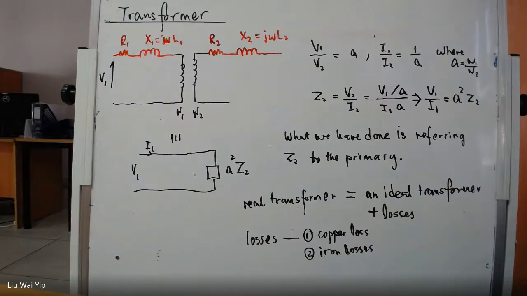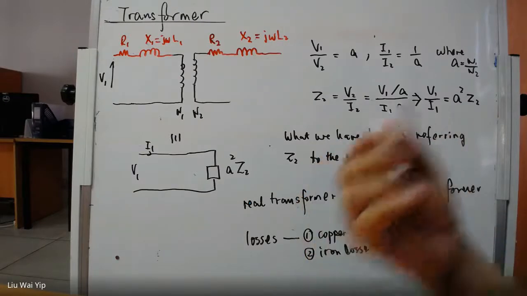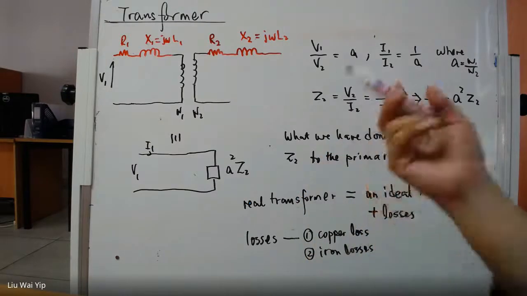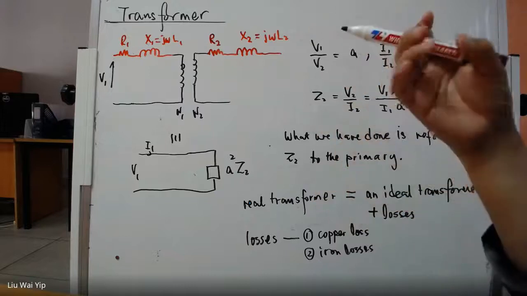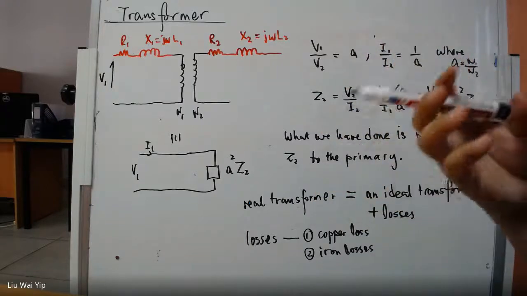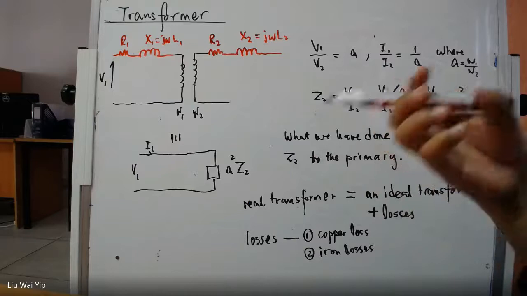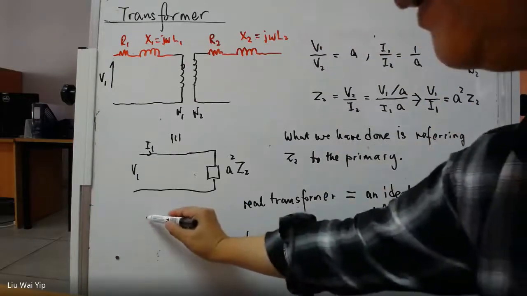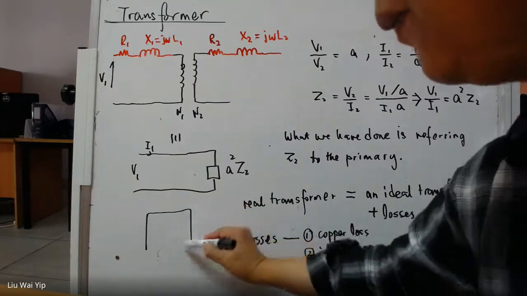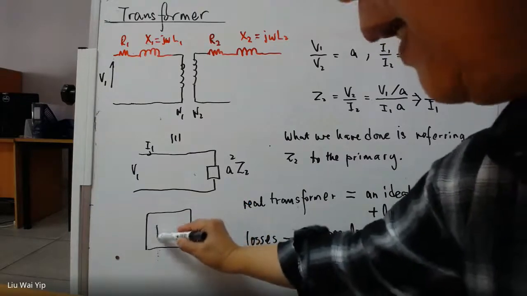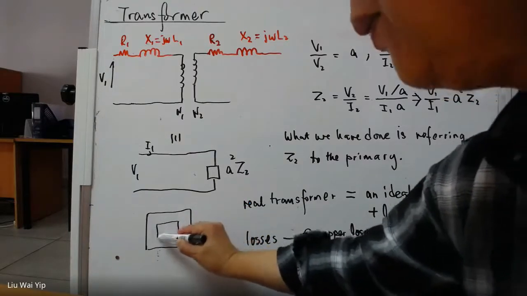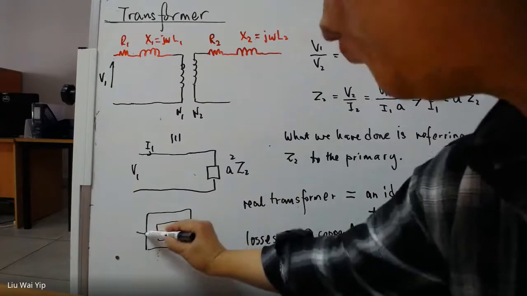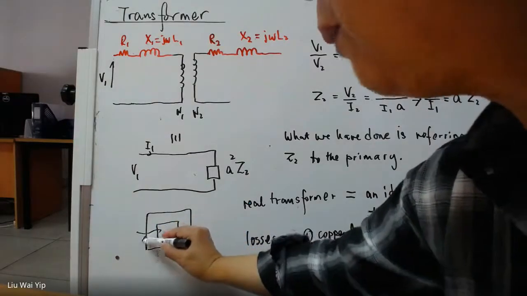Now, what about iron loss? Iron loss is the loss caused in the iron core of the transformer. You know, after operating for a while, you will feel some warmth in the transformer.